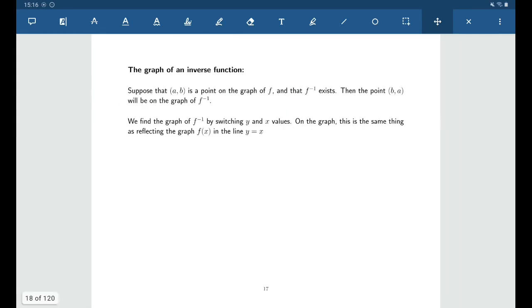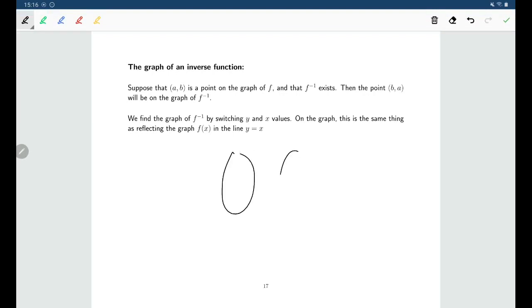So we're going to now look at graphs of inverse functions and the relationship between f and f inverse. This comes naturally out of the idea that what f and f inverse are doing is switching the order in which we do things: f takes an x value and gives you a y value, and f inverse gives you the reverse of that pair.